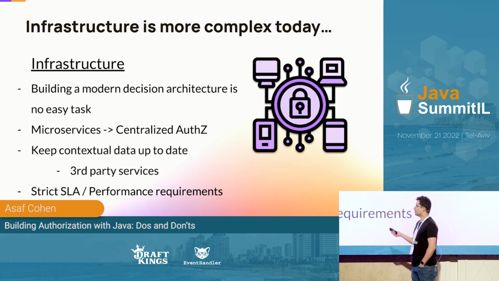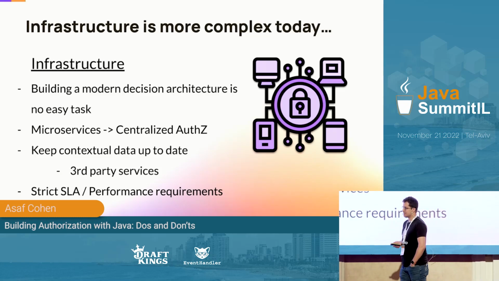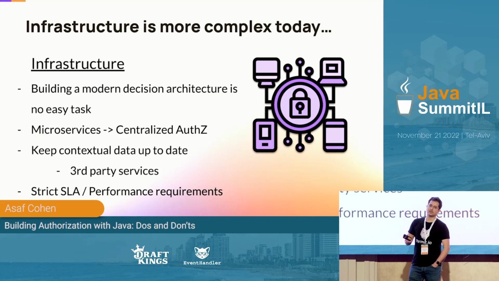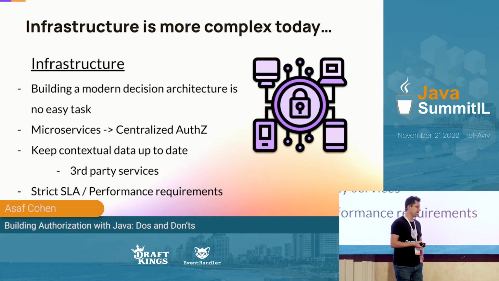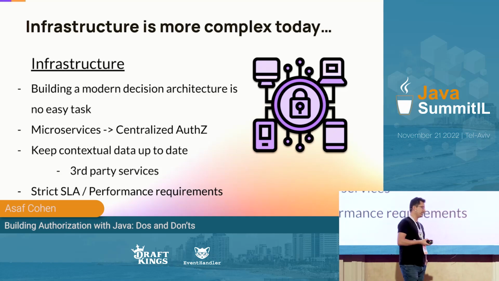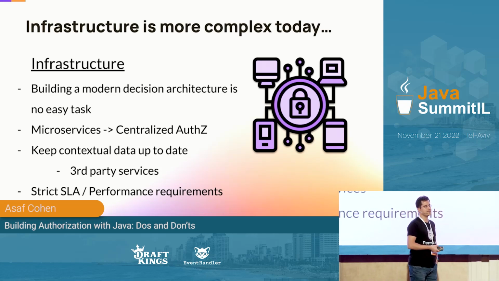Finally, there's performance requirements from that service, okay? So think about a service that you need to ping in every request to your application, every request to your backend, and that kind of service is critical to your SLA, okay? If it's down, your application is down, so it needs to be really stable. It needs to perform with almost zero latency, okay?